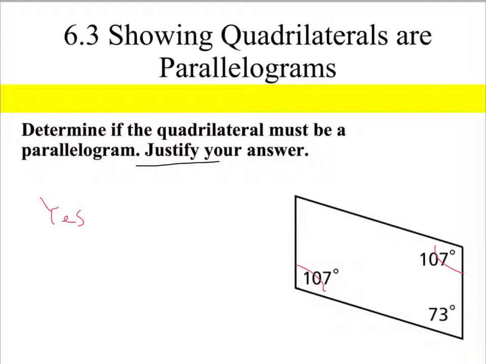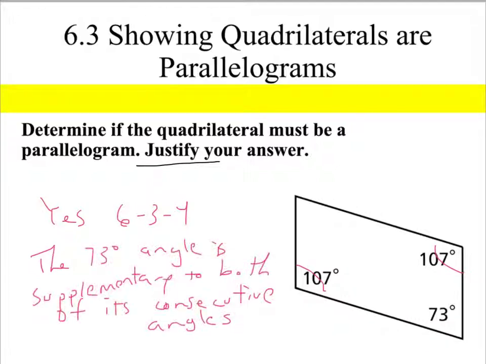If you remember 6.3.4 here, the 73-degree angle is going to be supplementary to both of its consecutive angles. Not corresponding, consecutive angles. So 73 is supplementary to both its consecutive angles.